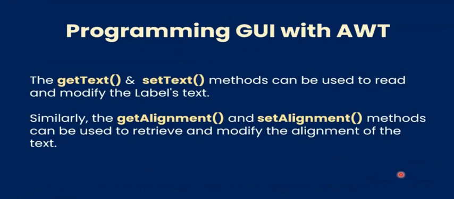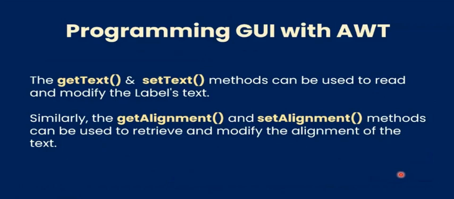For example, the word get means you retrieve the text, and once you have it and modify it, you set it back. You get the text and then set whatever new or modified label you want. It returns your modified label text.